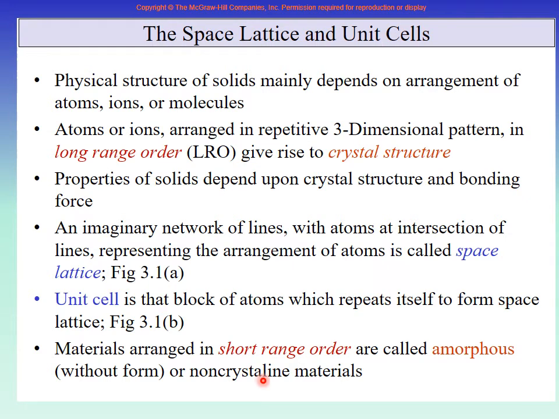Okay, so here we are describing materials which have a crystal structure, and therefore all those materials which do not have a crystal structure are called amorphous. Materials that have a crystal structure do possess a long range order, and materials that do not have a long range order are called short range order, amorphous or non-crystalline.